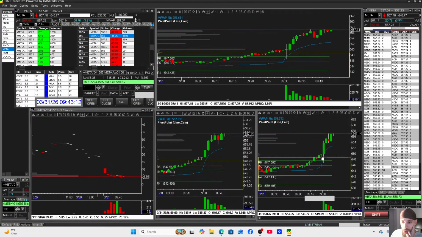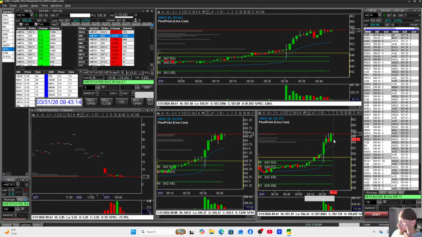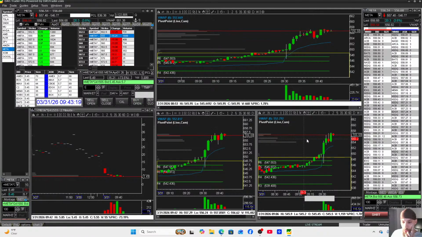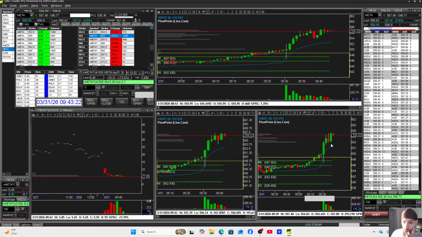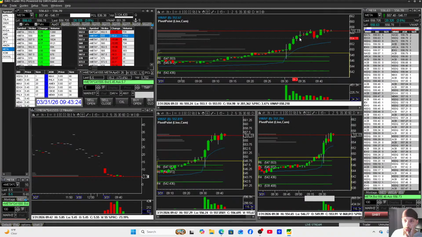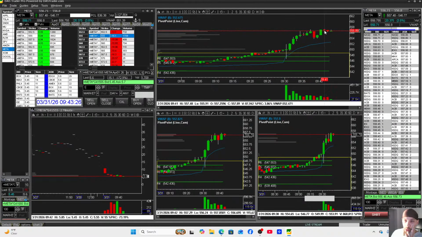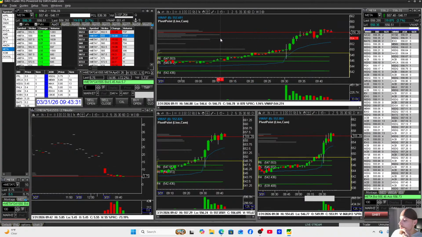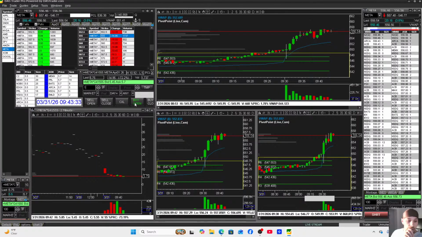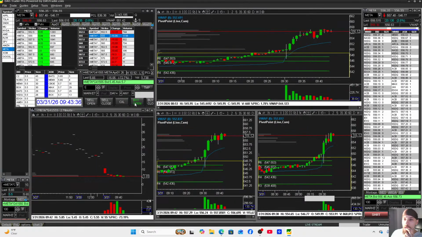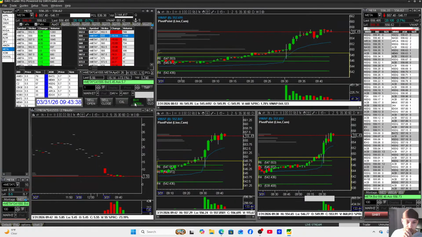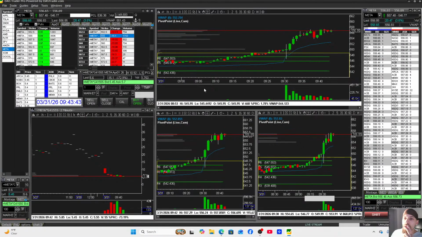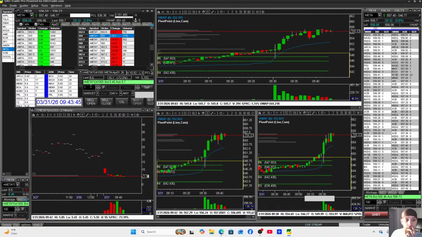Just watching the price action here on Meta. It's in way overbought conditions right now. As we're moving up, price action's declining. Seems weak to me. Let's just watch the price action here.